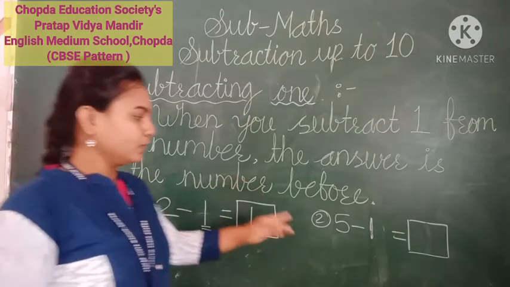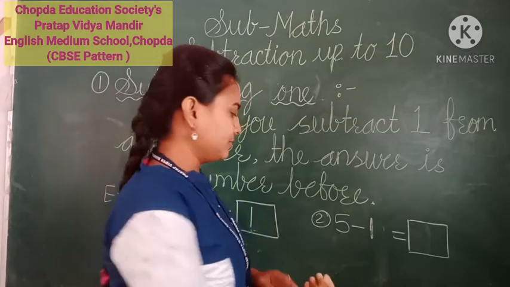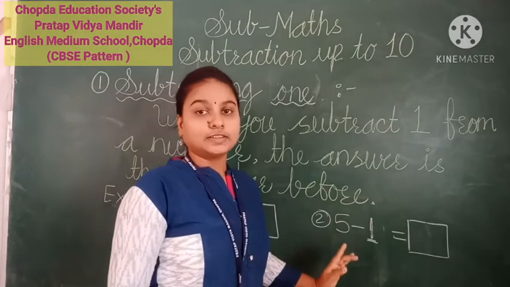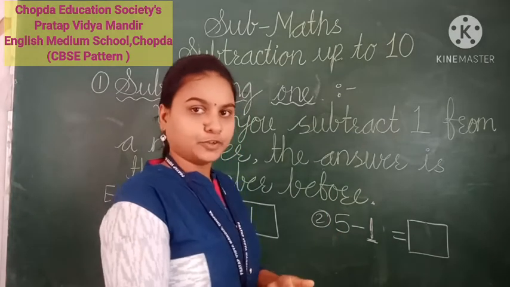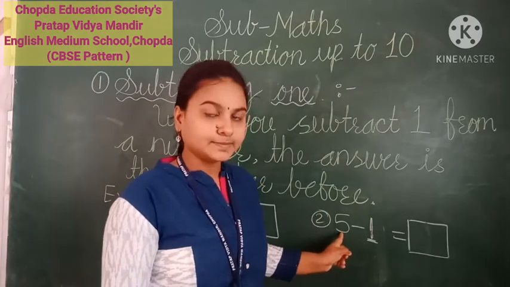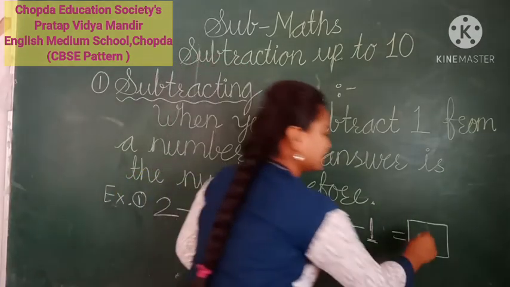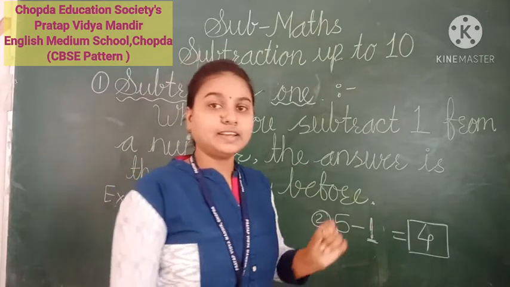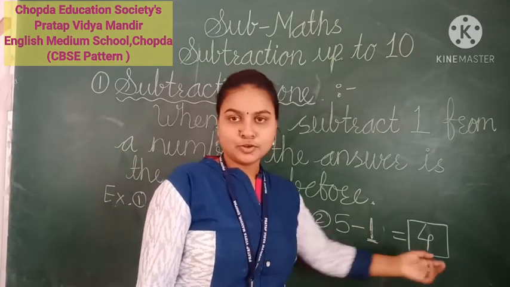Now look at the second example. Again, when we subtract 1 from a number, the answer is the number before. Which is the number before 5? Tell me the number before 5. 4. So we write 4 here and we get the answer of 5 minus 1 as 4.